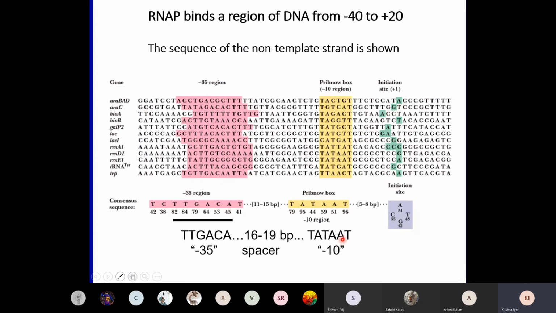So look at, let us say, TATAAT. See this? This is almost identical to this sequence here, TATAAT. All these others are off by 1 or 2. The more off you are, the slower you are. And here I want what is called TTGACA. See this? I see TTGACA.